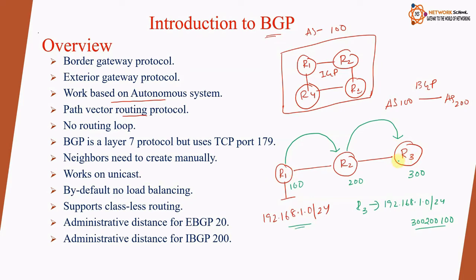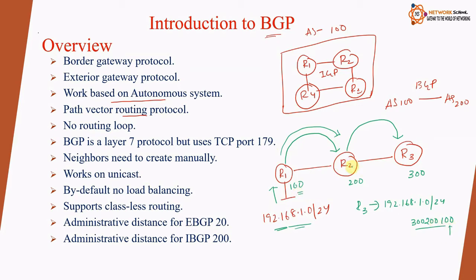This is the reason BGP is known as a path vector routing protocol: whenever it sends an update from one router to another router, it always injects its own autonomous system. So this update was initiated from R1 and sent to R2, and R1 injected the AS number 100.